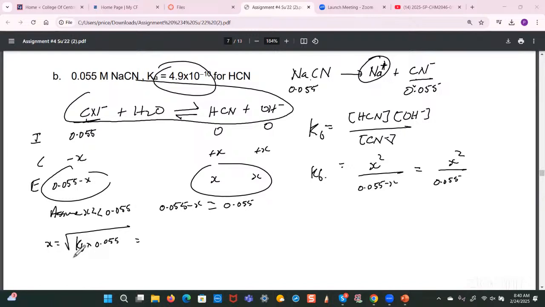We need Kb here, but you're given Ka. And there's an equation which relates Kb to Ka. Can anybody tell me or remind us of what that expression is? There's a relationship between Kb and Ka. What's that relationship? The relationship between Ka for an acid and Kb for its conjugate base. And they gave us the Ka for the weak acid.